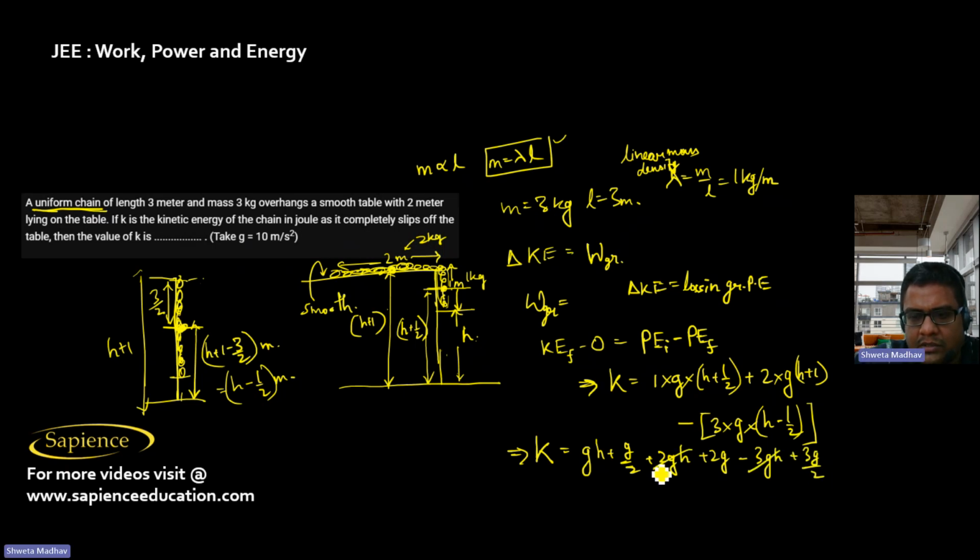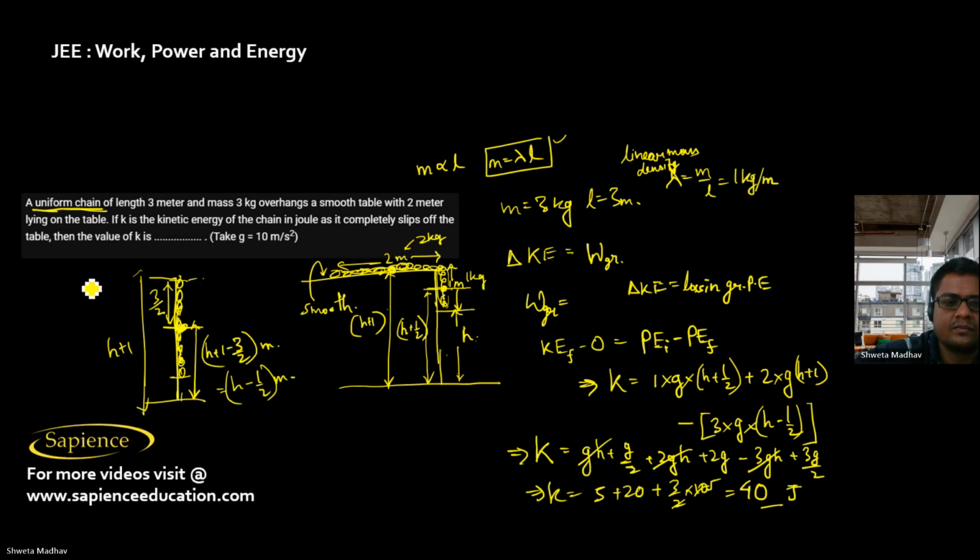So 3gh and 3gh, this will cancel out. So K will be equal to g by 2, that is 5, since g is 10, 2g, that is 20, plus 3 by 2 into g, that is 15. 15 plus 5 is 20, 20 plus 20 is 40. So K equal to 40 joule. So 40 joule is the answer.